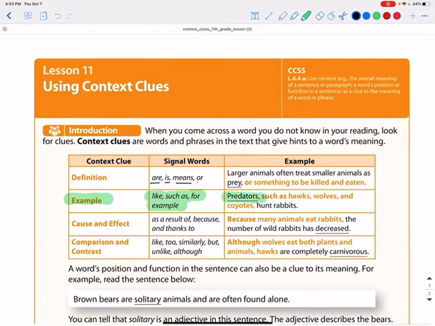So predators such as hawks, wolves, and coyotes hunt rabbits. Predators is the word that we have to figure out, and since we have a signal word as such as, that means predators are hawks, wolves, and coyotes.